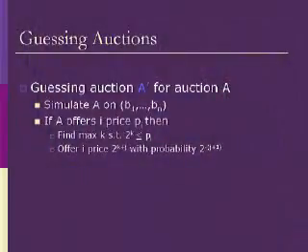So how can I do that? Well, I define a guessing auction for any randomized auction A as follows. I simulate A on the bids. And then if the price that A offers bidder i is p_i, I'm going to offer some price perhaps a little bit higher than p_i with some probability.